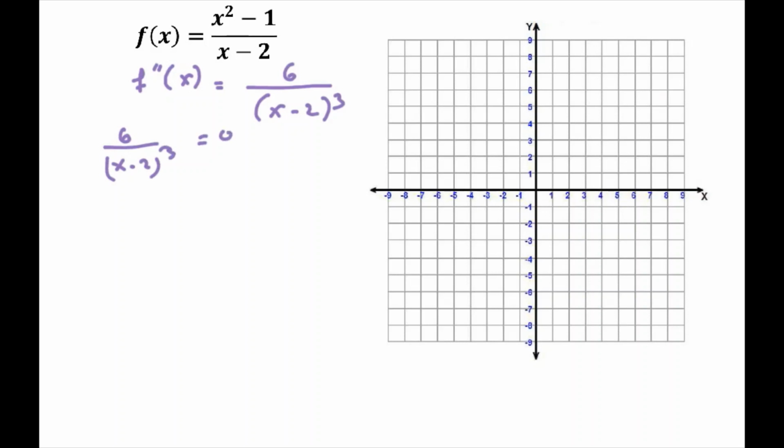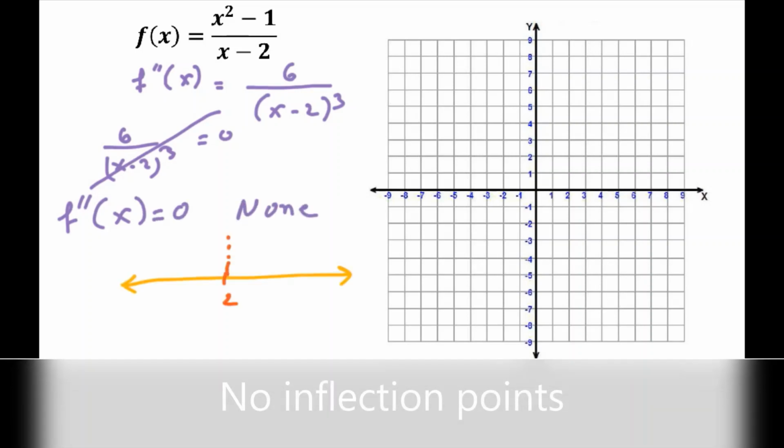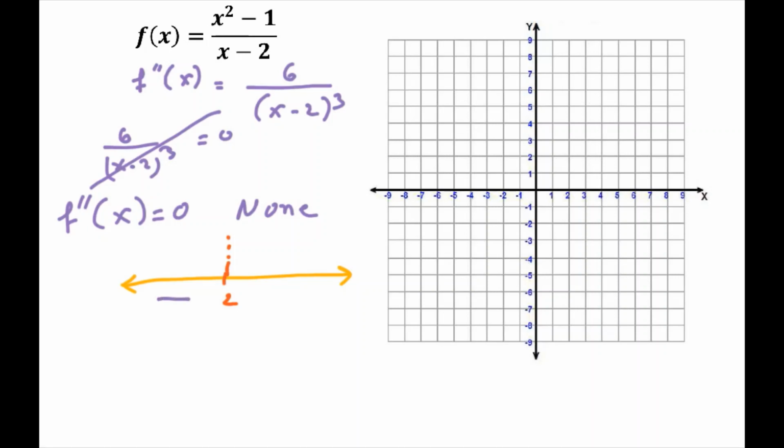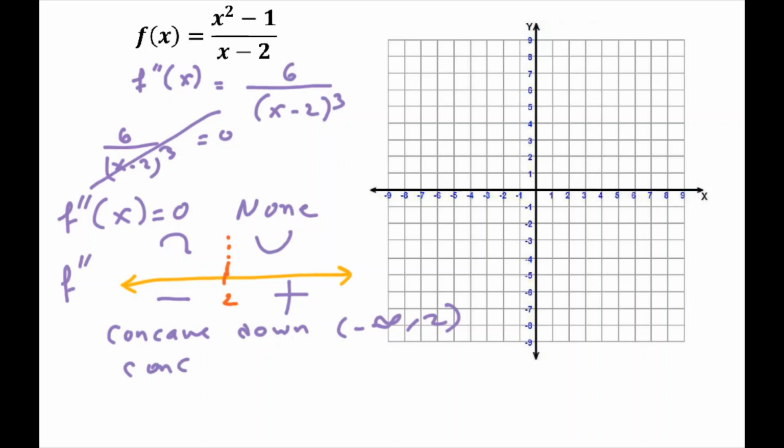When you cross multiply, there is no value that will make f double prime equal to 0. So if you study the concavity before 2 and after 2, you will get negative and positive. Concave down from negative infinity to 2, concave up from 2 to infinity.